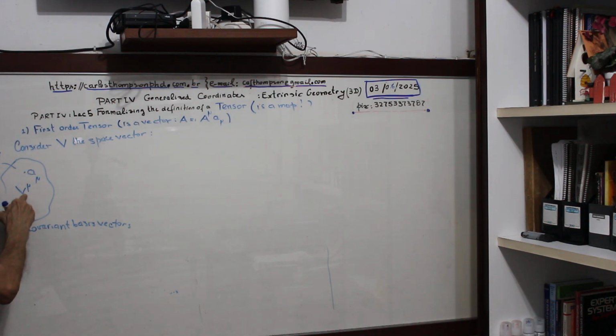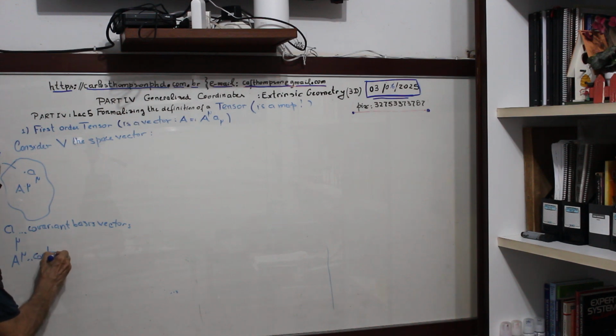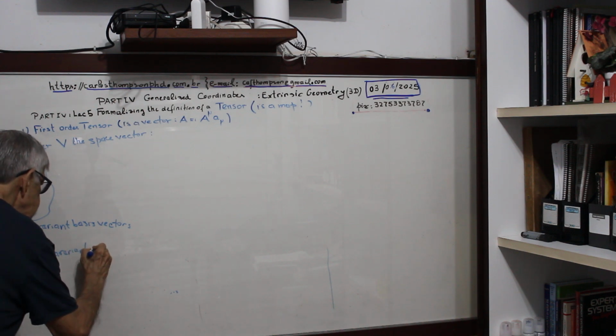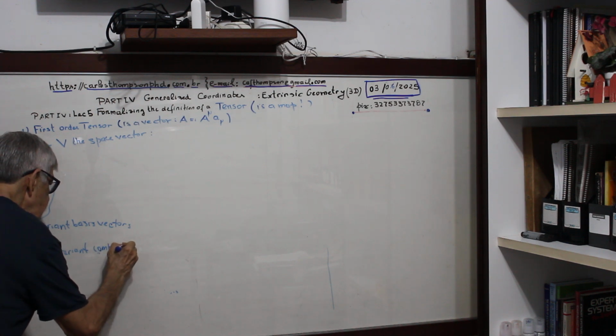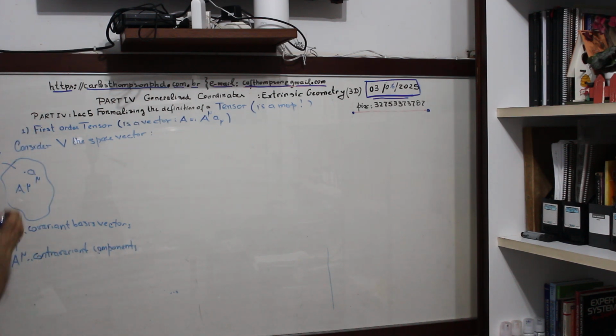This instead of V is A. A with superscript is called contravariant component. Observe that both belong to the space vector V.